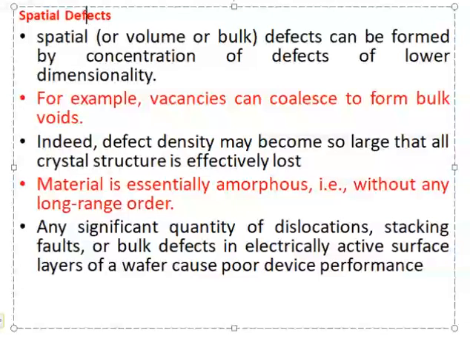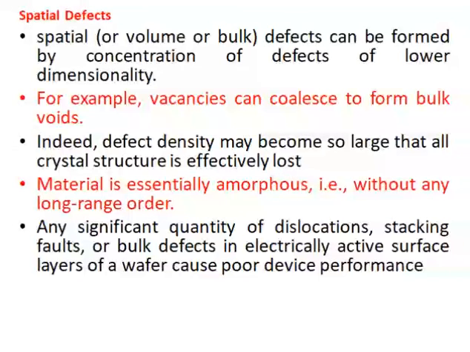Any material that experiences so many defects at different places will become what we call amorphous. An amorphous material is something that doesn't have a regular order or a proper arrangement. So any significant quantity of these dislocations, stacking faults or bulk defects is electrically not functioning the way it is supposed to perform. Therefore the performance is very poor.